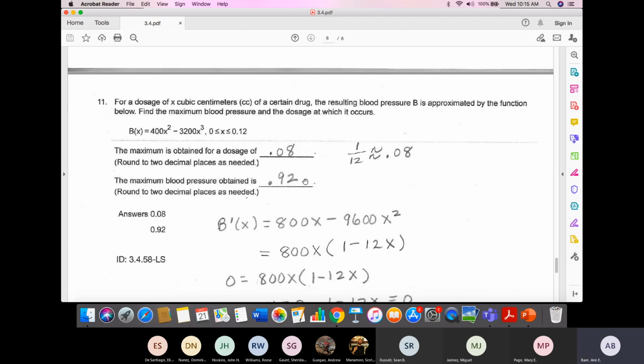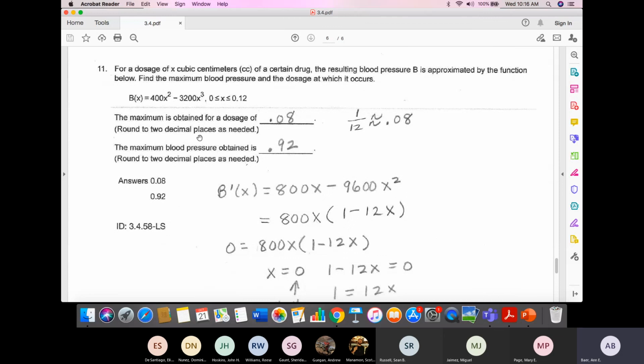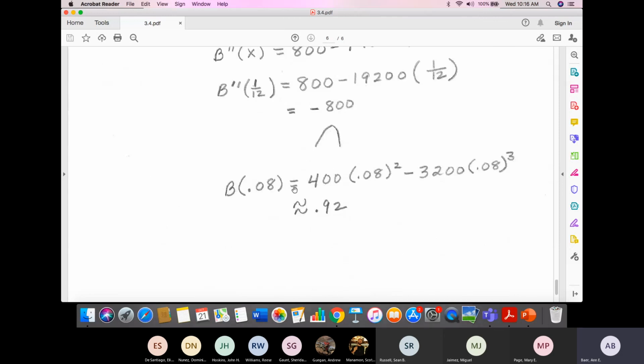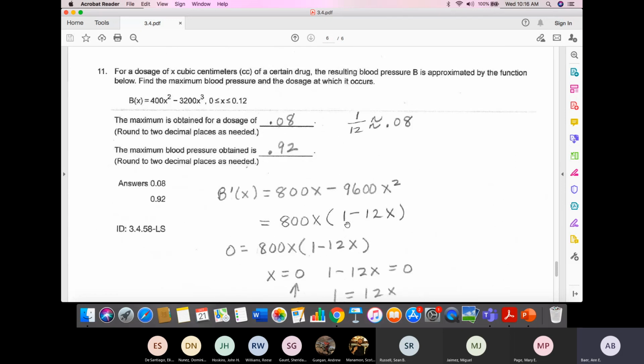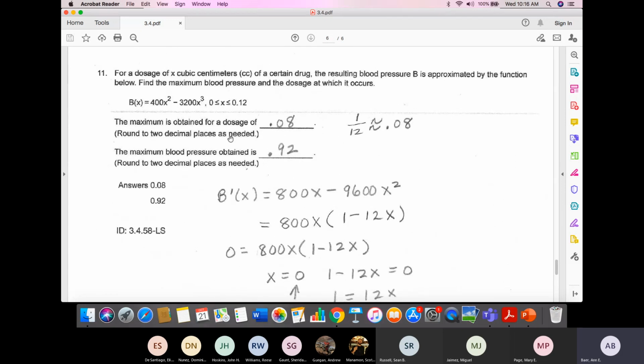How do we get the maximum blood pressure? Well, here's our blood pressure function. We take 0.08 and we plug it in for x here and here, 2 different places. You can see I worked that down here. And when I did all of that, I got 0.92 rounded to 2 decimal places.